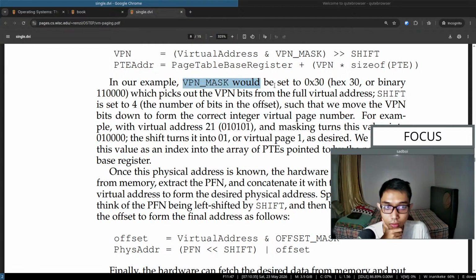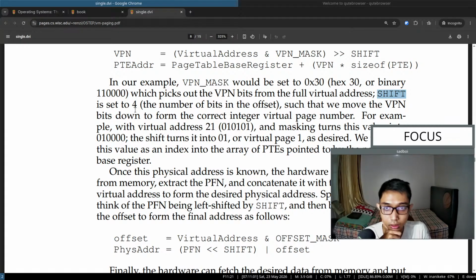Okay, mask would be set to 0x30, or binary this one, which picks out the virtual page number bits from the full virtual address.